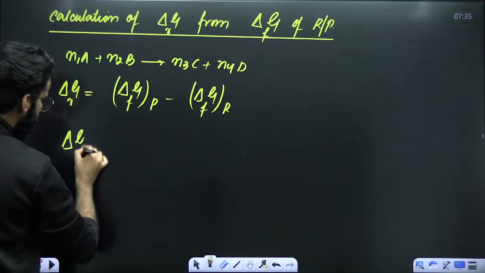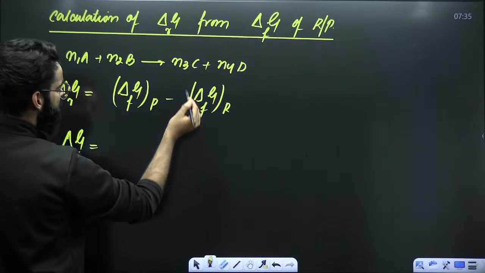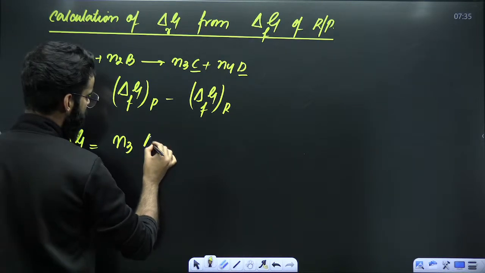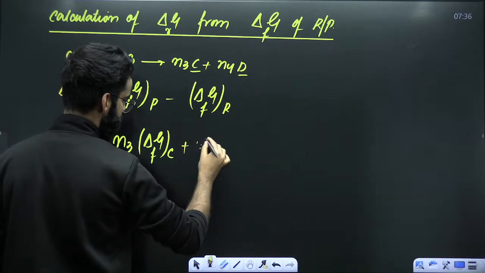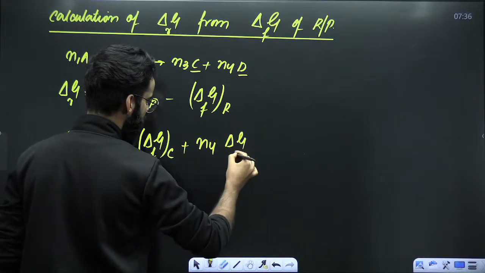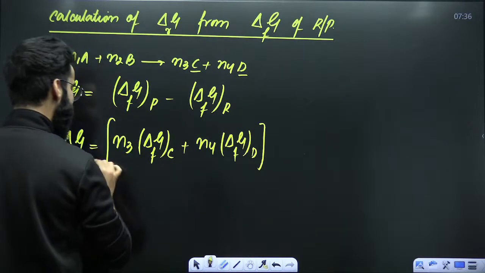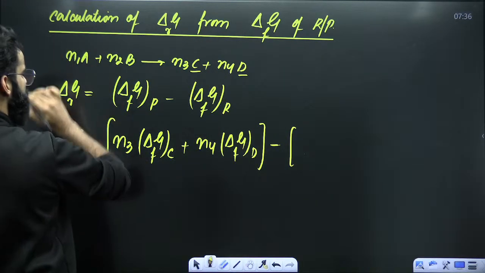How exactly are you going to write it? Start with products: n3 multiplied by free energy of formation of C plus n4 multiplied by free energy of formation of D.